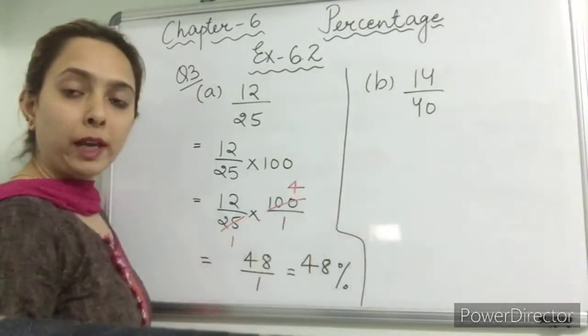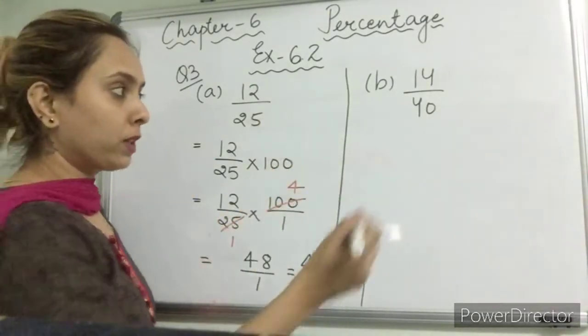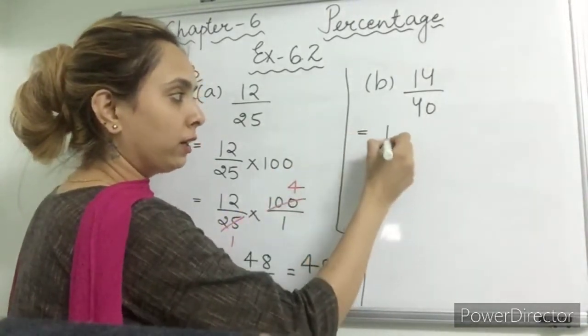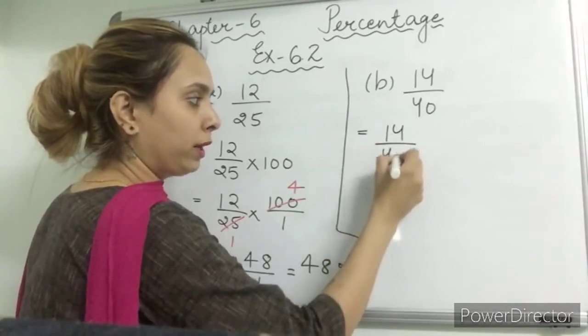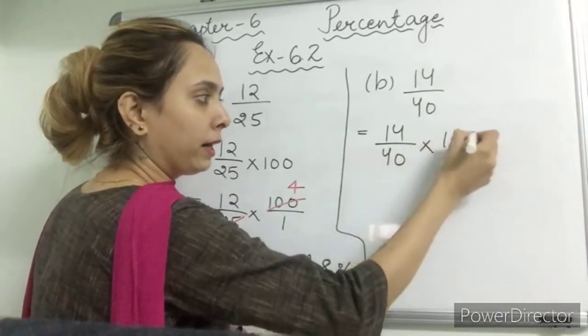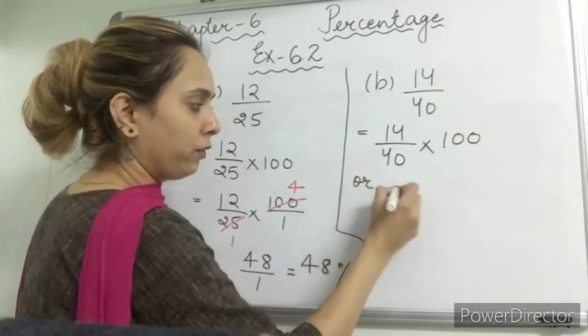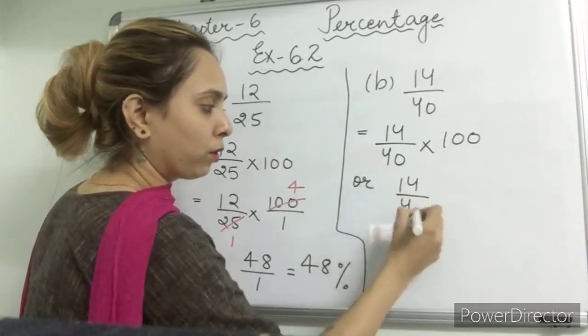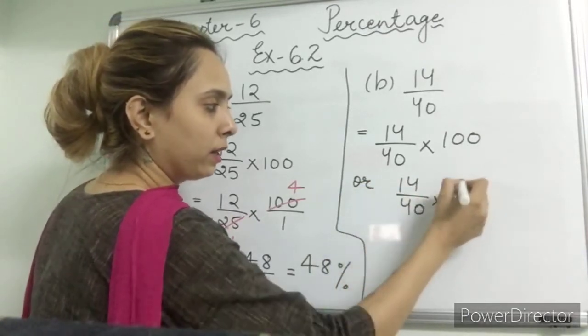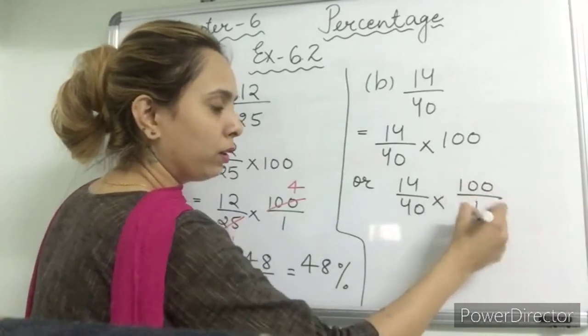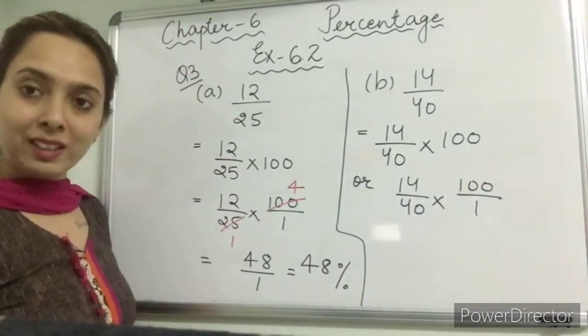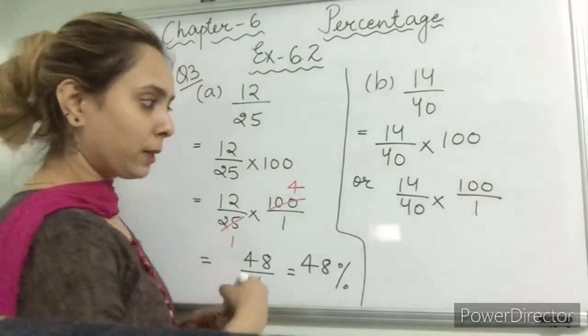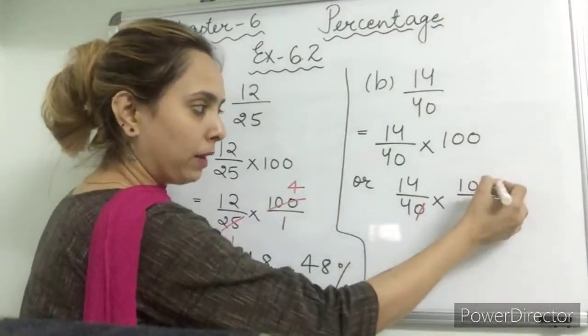I would like to explain one more question of this type. Multiply with 100: 14 upon 40 multiply by 100, or we can write 14 upon 40 multiply by 100 upon 1. So now we will start reducing it. This 0 will be cancelled with this 0.